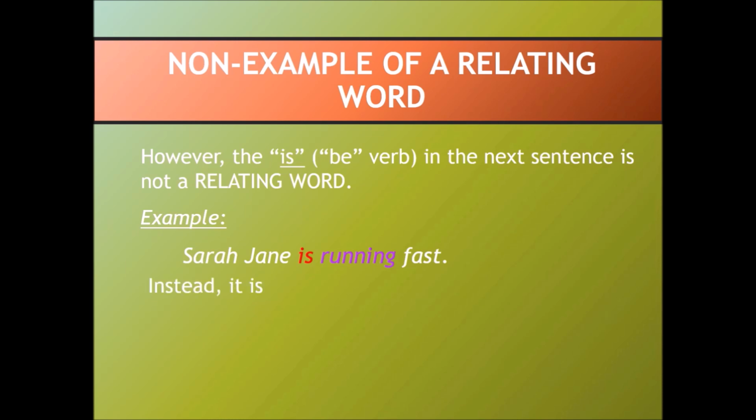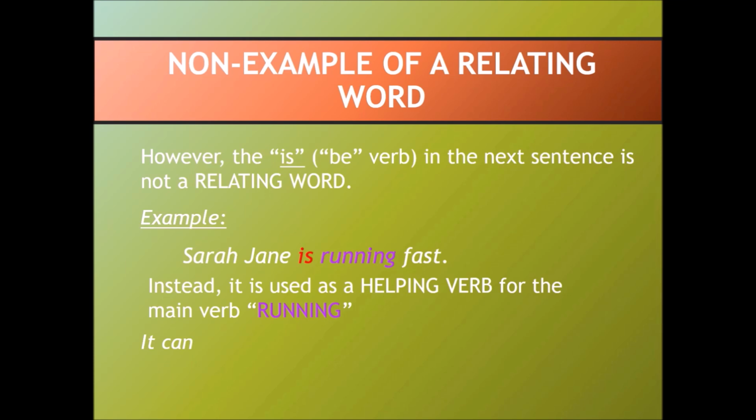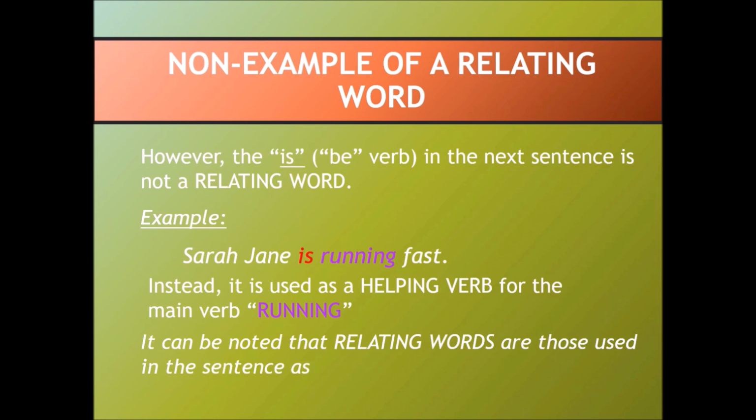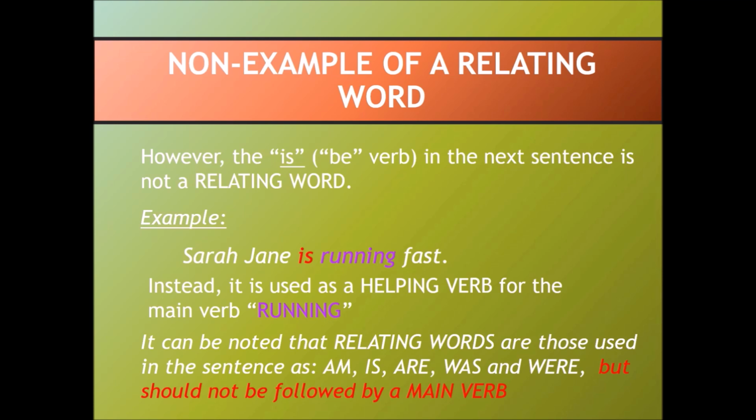Instead, it is used as a helping verb for the main verb running. It can be noted that relating words are those used in the sentence as am, is, are, was, and were, but should not be followed by a main verb.